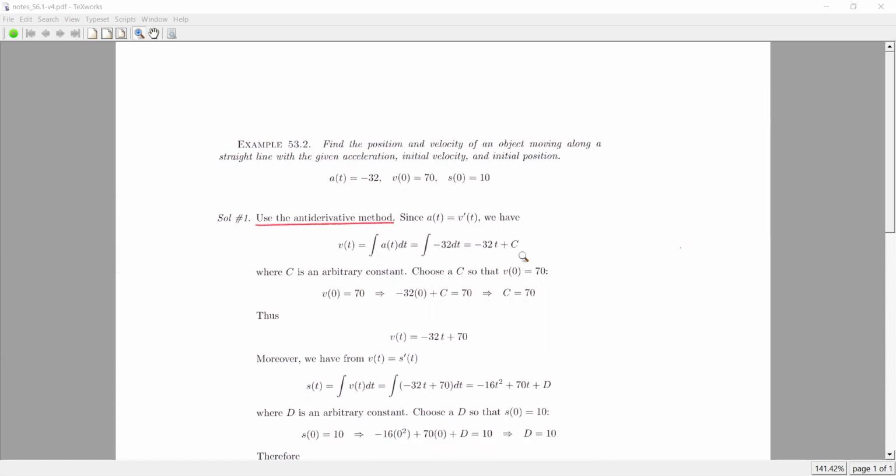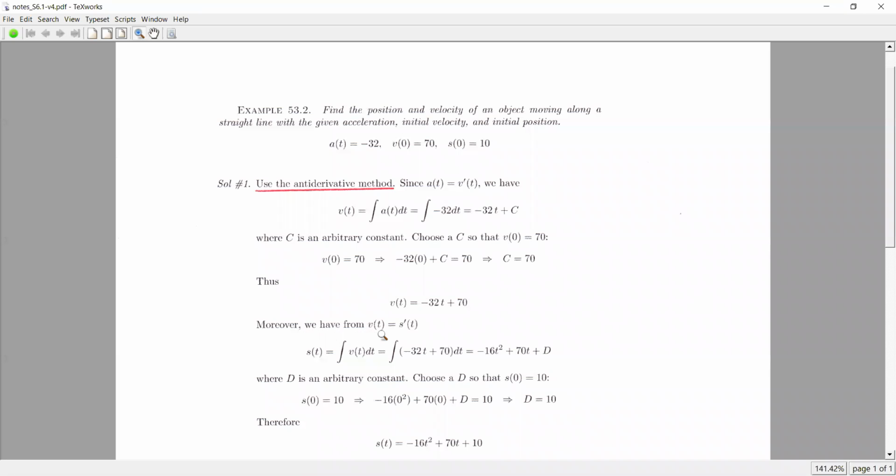Don't miss the arbitrary constant c. To determine c, I use the given initial condition. When time is 0, v is 70. So c should be 70. Therefore, the velocity of the moving object is negative 32 times t plus 70.